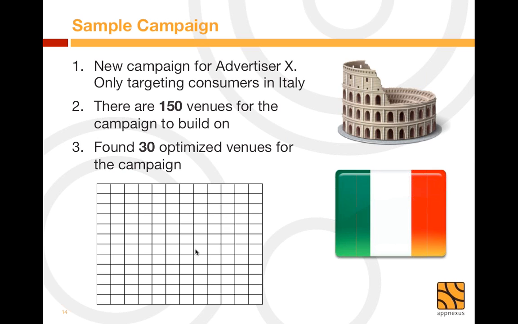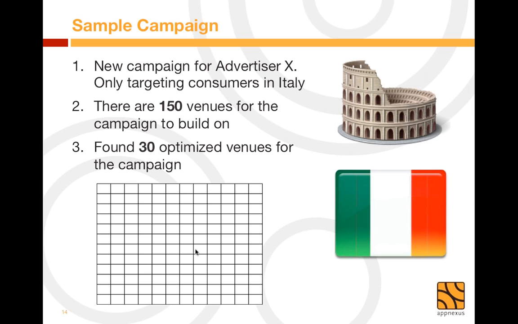Now, to use a sample campaign, which will provide even more of a specific example, we're going to assume that we have this new campaign for advertiser X, and he's only targeting users in Italy. So here we say that there are 150 venues for this campaign to build on.